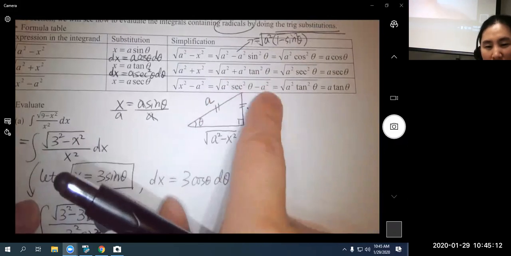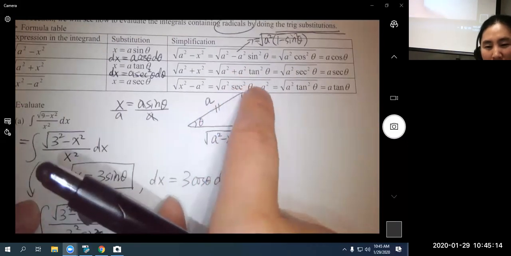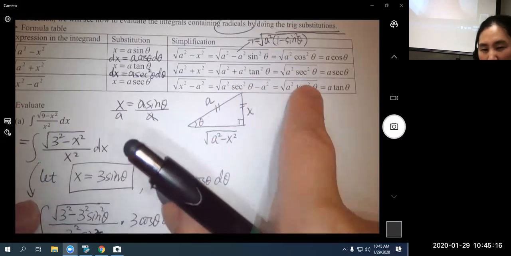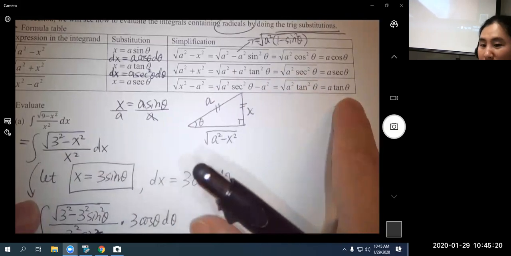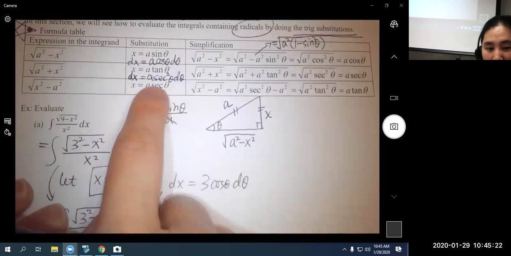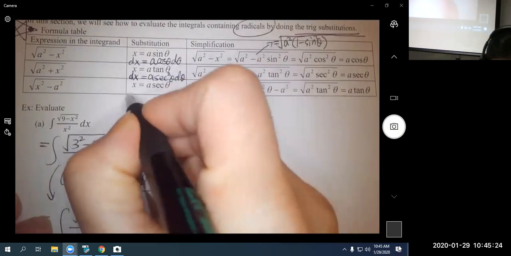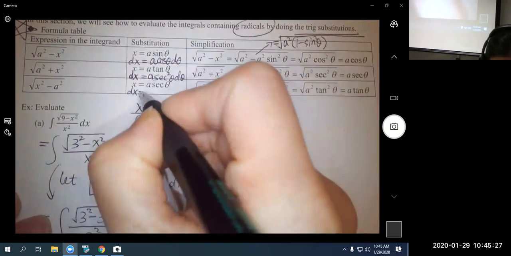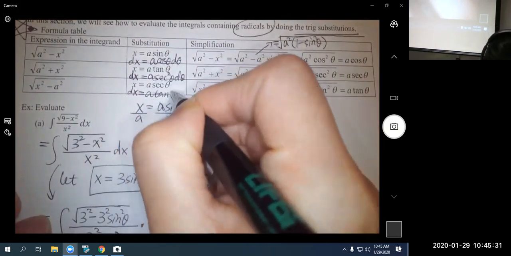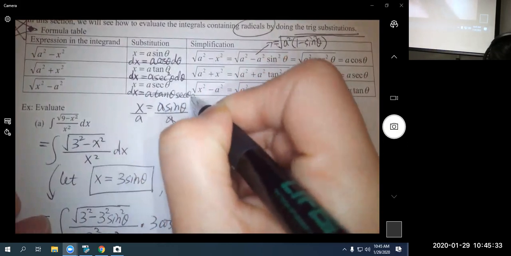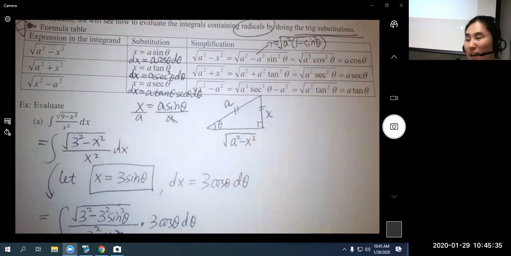Put the a squared out, we have secant theta squared minus 1, that's going to be tangent theta squared. Get rid of the radical, a tangent theta. Now, what is the derivative for a times secant theta? Tangent theta times secant theta d theta, right?